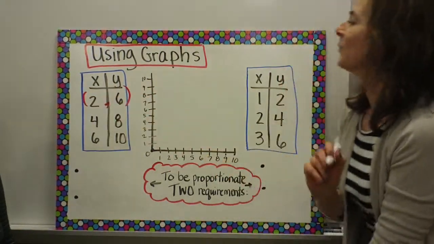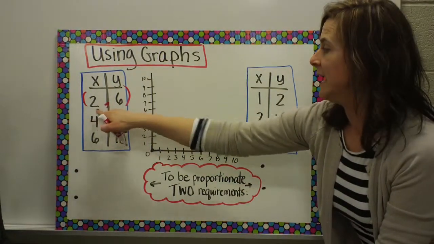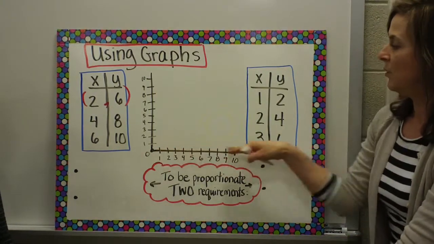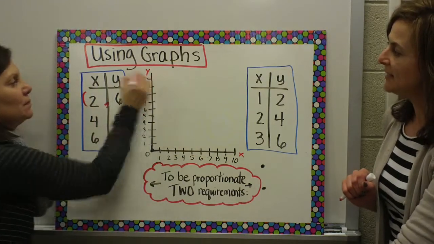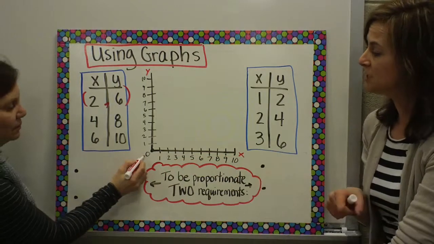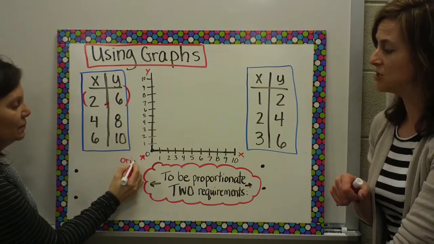All right, so we're going to put our parentheses around there, indicating our ordered pair. So X, remember, we always place the X first and the Y second. And so we're going to start at 0, which is another name for the origin.